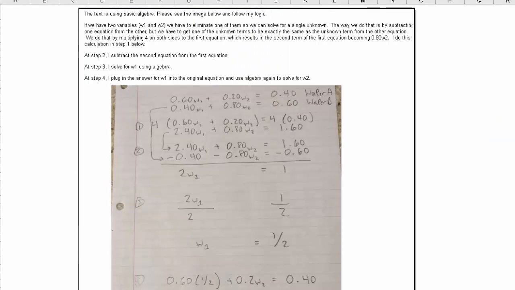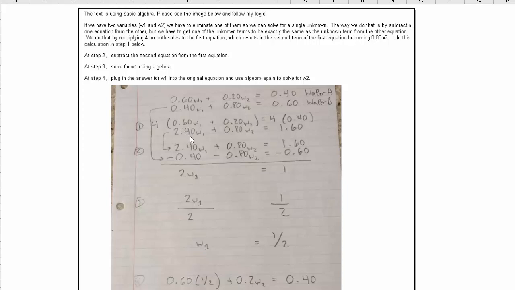All right, if you look here, you can see how I did the math to solve this. I set up those equations: 0.6 W1 plus 0.2 W2 equals 0.4 for wafer A, and 0.4 W1 plus 0.8 W2 equals 0.6 for wafer B. Then I multiply the first equation by 4.